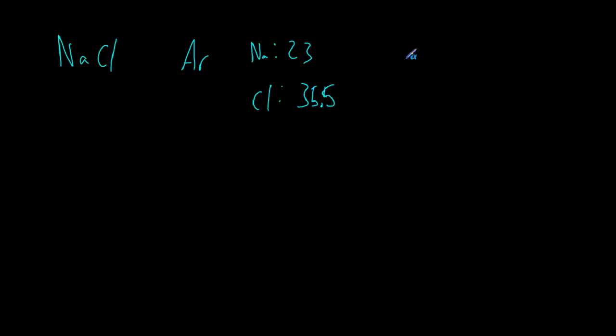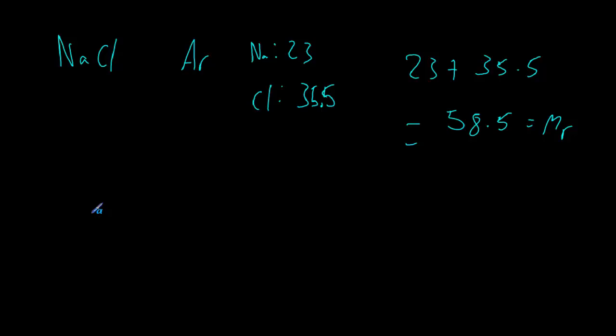For the relative formula mass, we have 1 sodium for every 1 chloride ion, and so we are just going to have 1 of these plus 1 of these. So it's going to be 23 plus 35.5, which will give us 58.5 as our Mr, our relative formula mass.